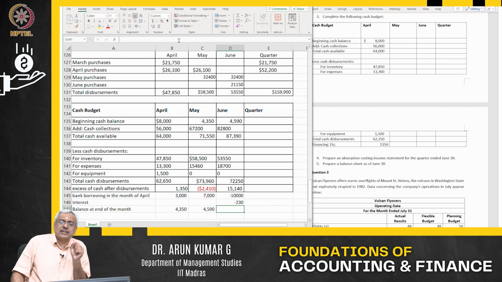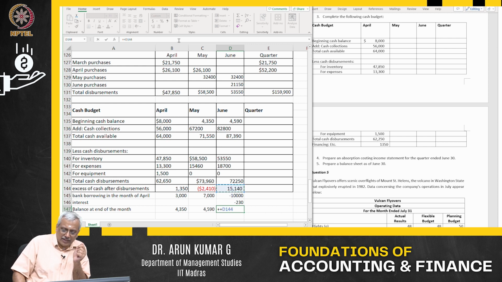So, what is my total interest payment? 230. Why did I say interest? Interest is paid on the beginning of the month balance. The 3,000 you borrowed on 1st of April, so whole of April, whole of May, whole of June you pay. The 7,000 you borrowed on 1st of May, so May and June you pay. So that is where 230 in interest comes from.